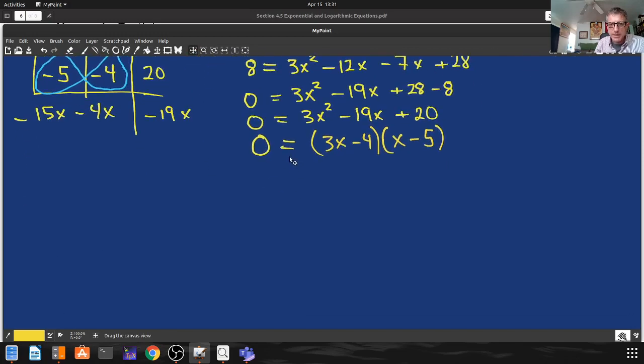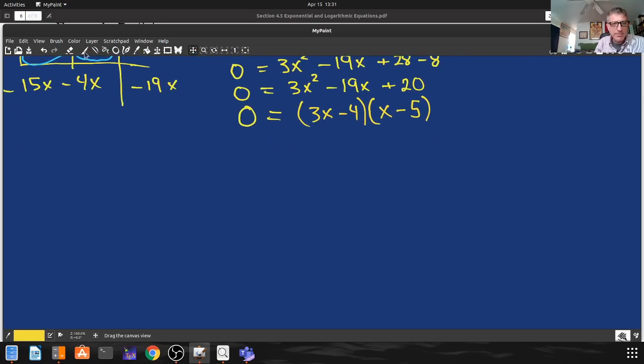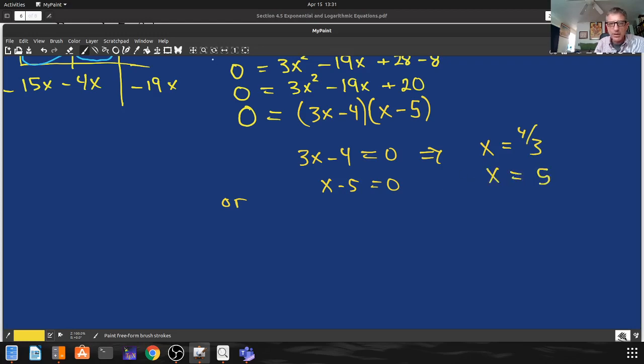And that's equal to 0. So that implies 3x minus 4 is equal to 0, or x minus 5 is equal to 0. So this implies x is equal to 4/3, and this implies x is equal to 5. So those are my two possible answers.